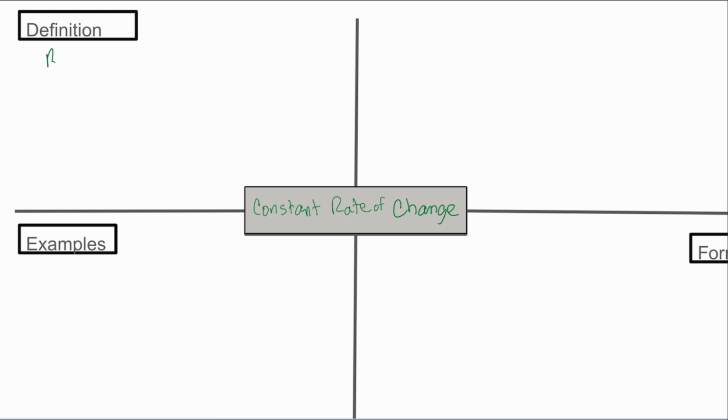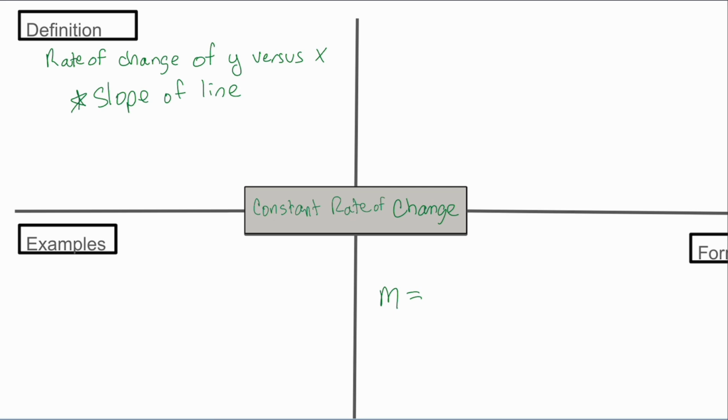the rate of change of y versus x. You can also call that the slope of a line. So as far as formulas go, we're going to use the change in y or delta y over delta x.